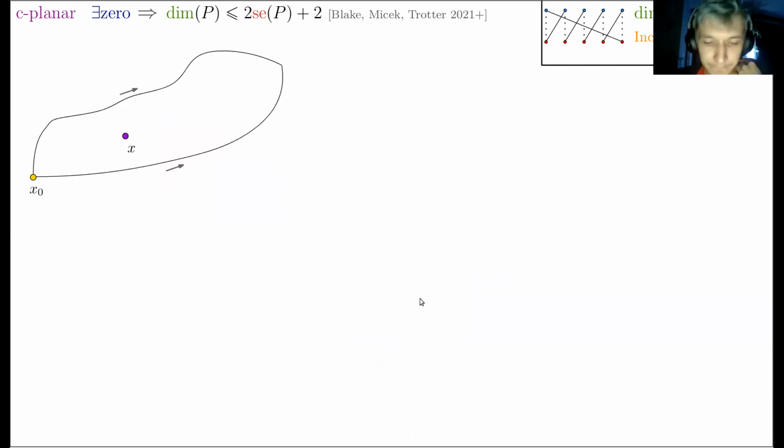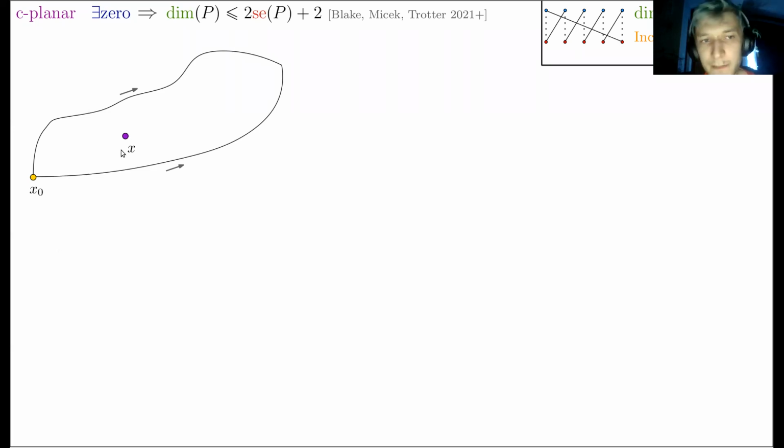First of all, we want to repeat this trick with leftmost, rightmost path. But in planar cover graph setting, it's a little bit more subtle. I have my 0, so my unique minimal element.